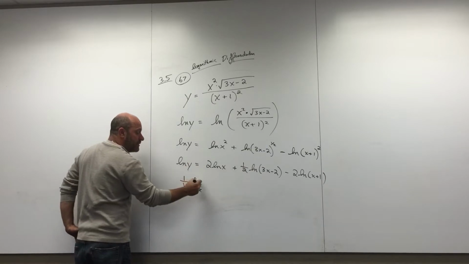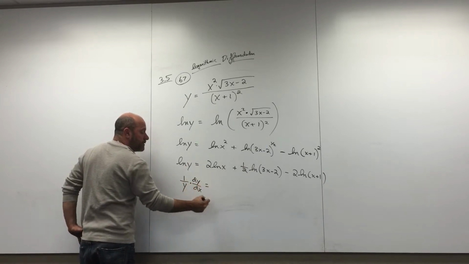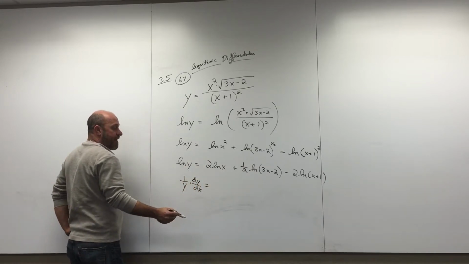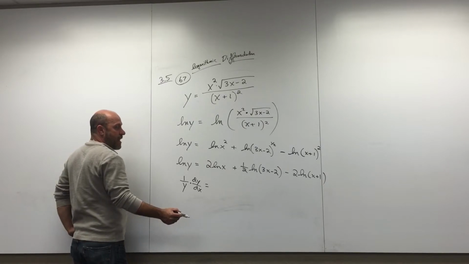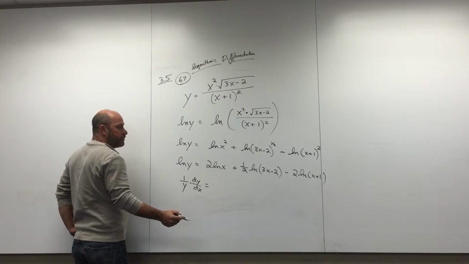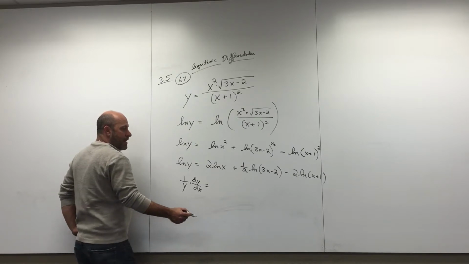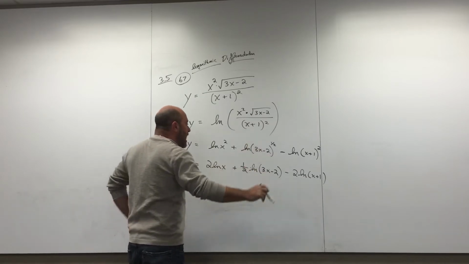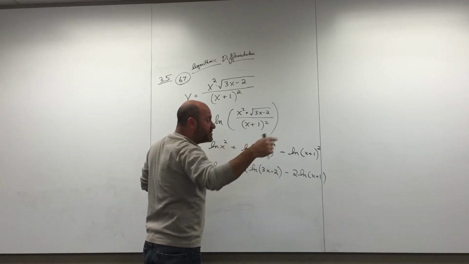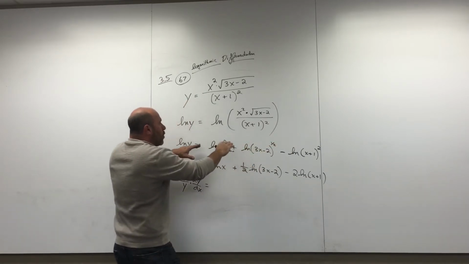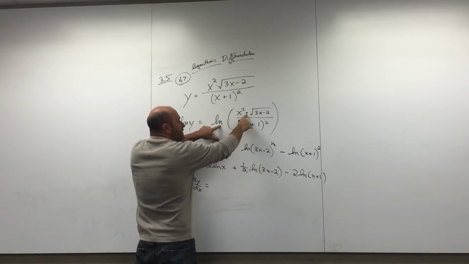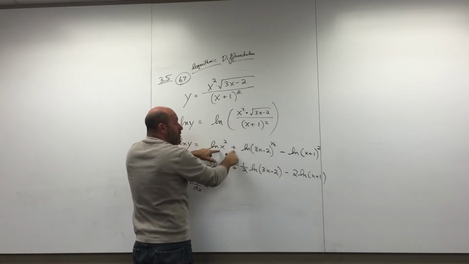Yes, Carlos? Over there where you have the 3x minus 2 to the 1/2, I see when you took the derivative then it became 1/2 natural log of 3x minus 2, but how come the 1/2 didn't turn to negative 1/2? Yeah, okay, listen carefully. I have not done any derivatives. When I turned this into addition, I was using log properties.